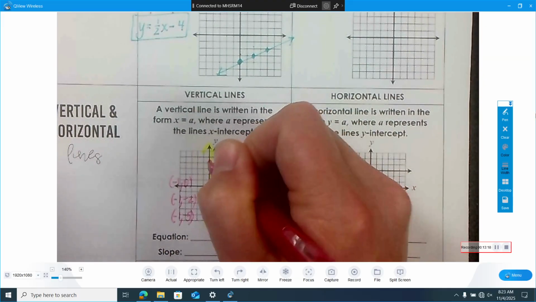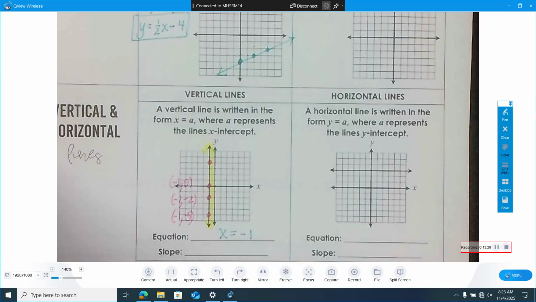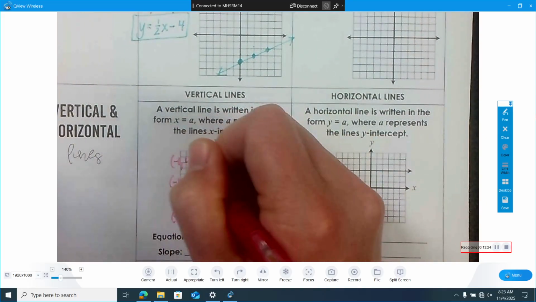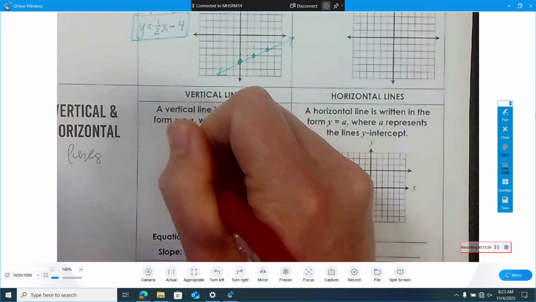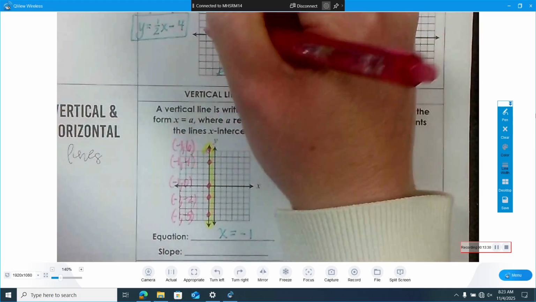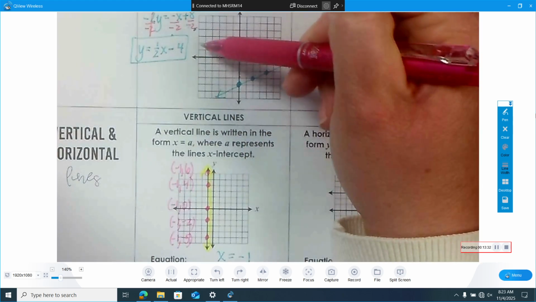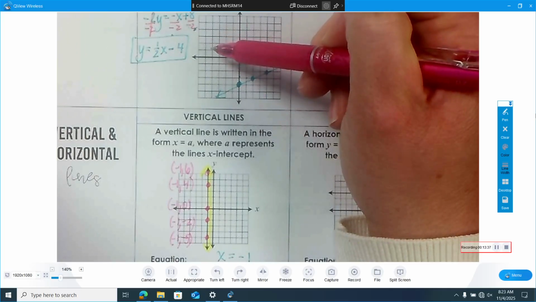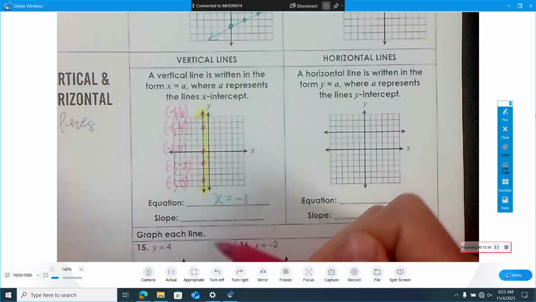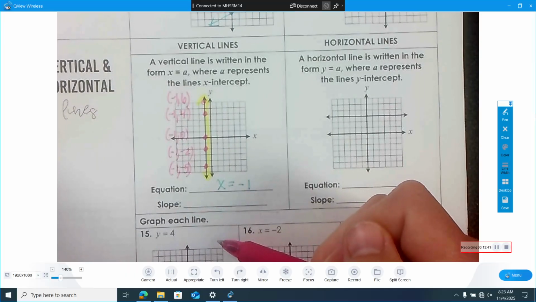And what's this ordered pair right here? Negative 1, 4. Okay. What's this ordered pair right here? Negative 1, 6. What's this ordered pair way up here? Negative 1 something. And what's this ordered pair way down here? Negative 1 something.